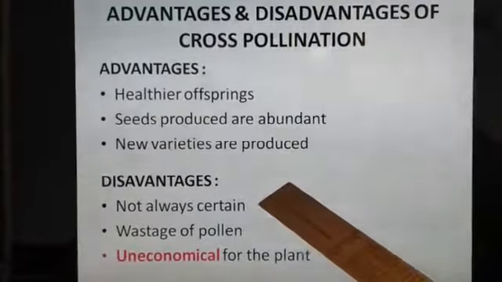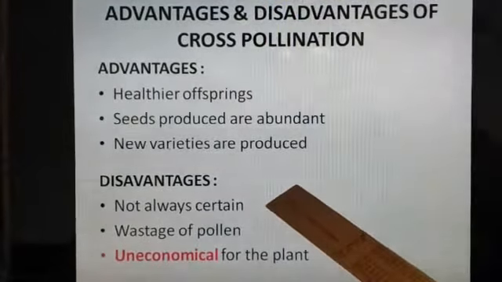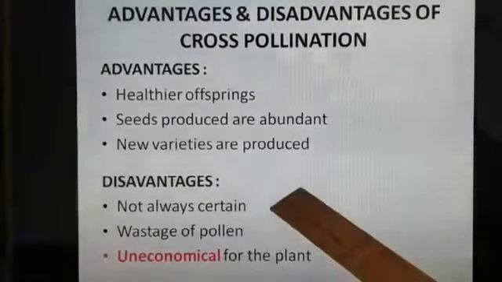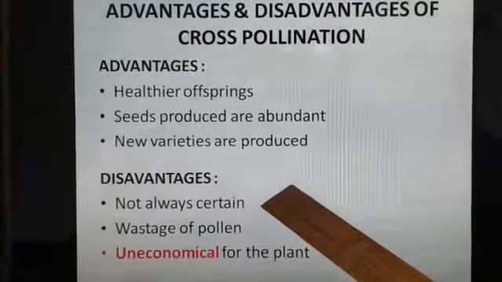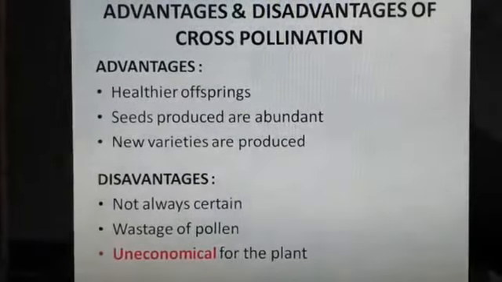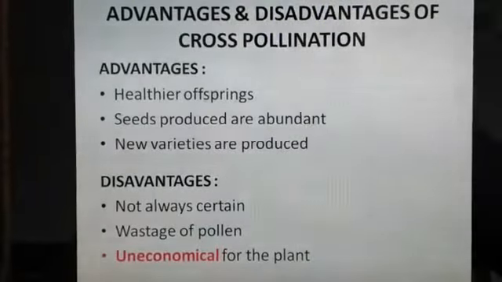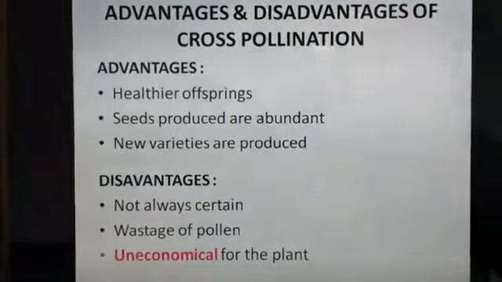Yes, since this pollination involves transfer of pollen grains from one plant to another, it is not certain. It may happen that the pollen grains fall on the stigma of some other species of plant. It may also happen that the pollen grains do not land in a proper place.